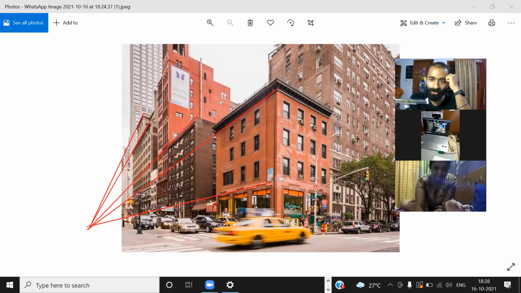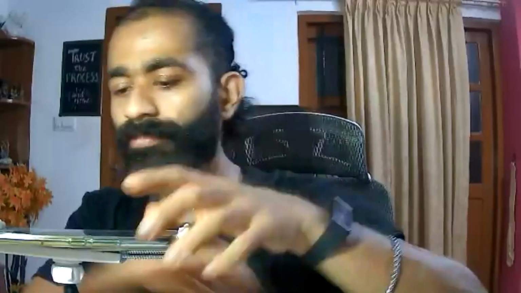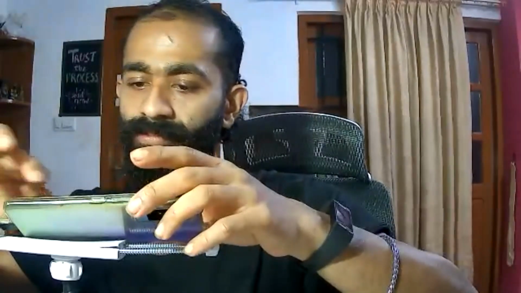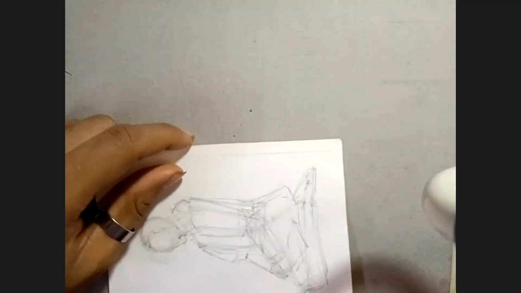Let me draw and show that to you. Even though the vanishing point is out of the frame, you can work with the horizon and think of the imaginary vanishing points and then draw. Let me clear up the confusion for you.